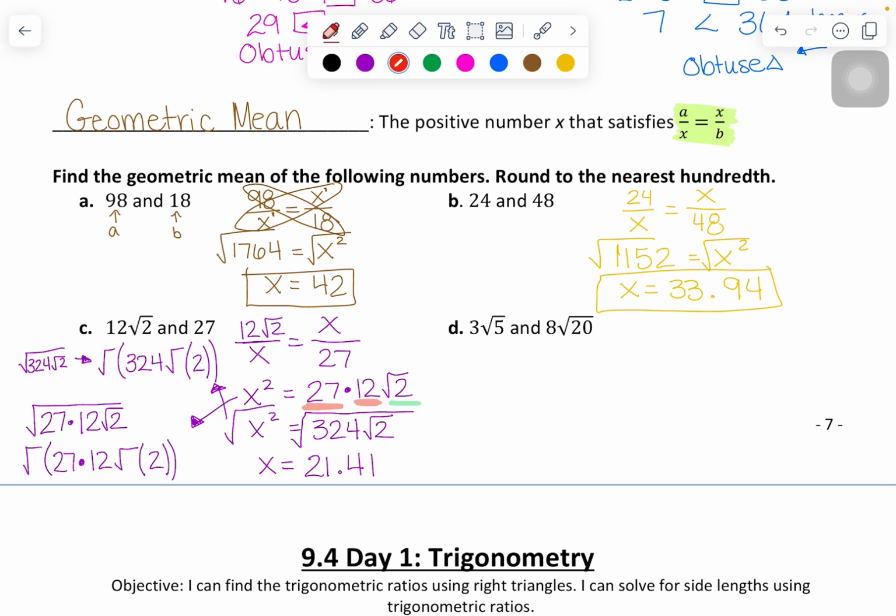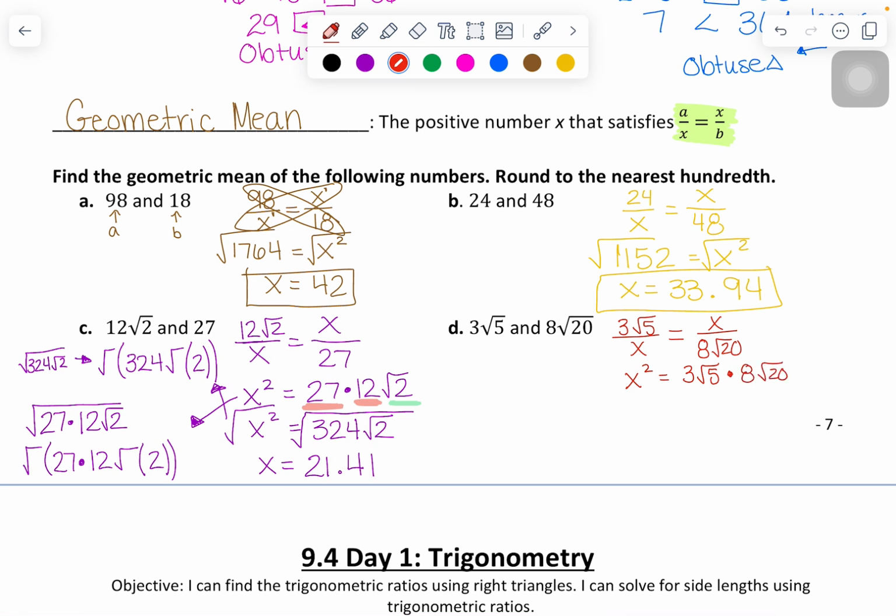Last problem, similar in idea. Fraction, fraction, x here, x here. My numbers are 3 square root of 5 and 8 square root of 20. X times x is the easy part. That's x squared. 3 square root of 5 is getting multiplied by 8 square root of 20.